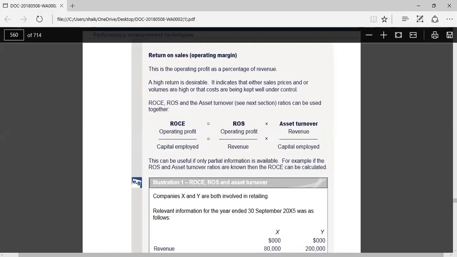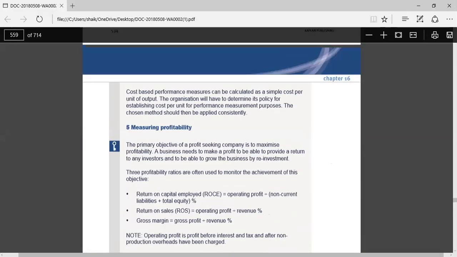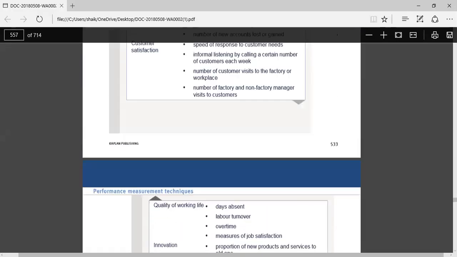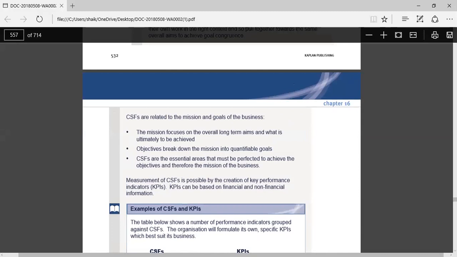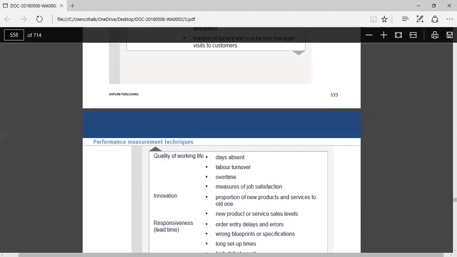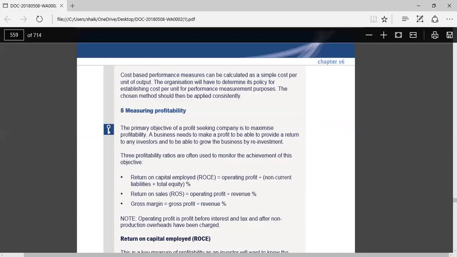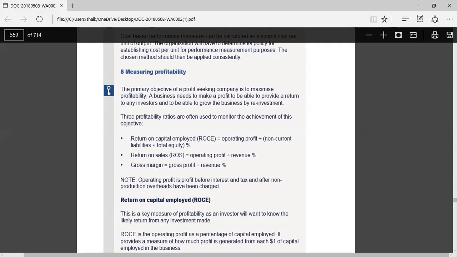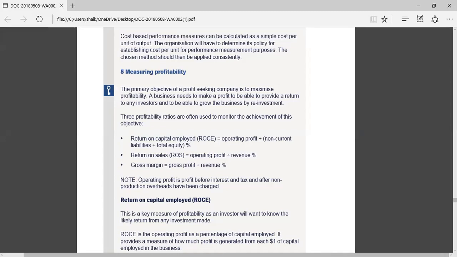The return on capital employed ratio may be calculated by using one of the simplest formulas. Return on capital employed, measuring the profitability, is equal to operating profit divided by non-current liabilities plus total equity, or the capital employed. So let me draft this formula right now.